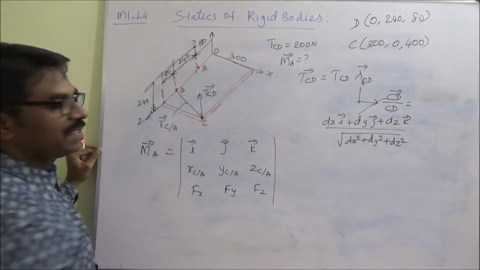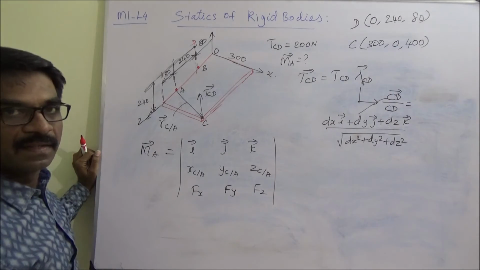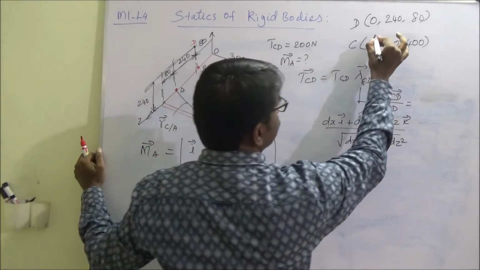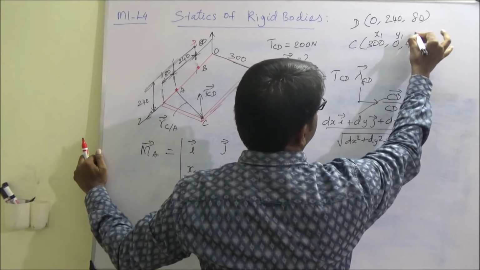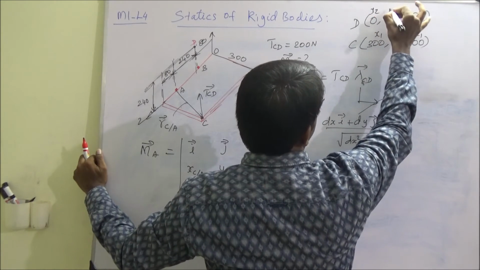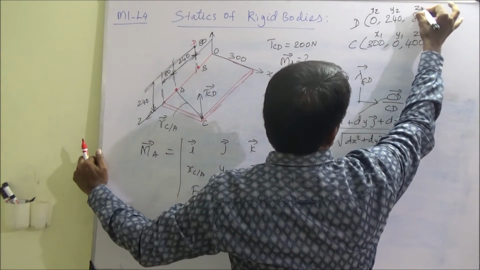the point. C is the point where the force is acting. So C will become x1, y1, z1. This is x2, y2, z2.